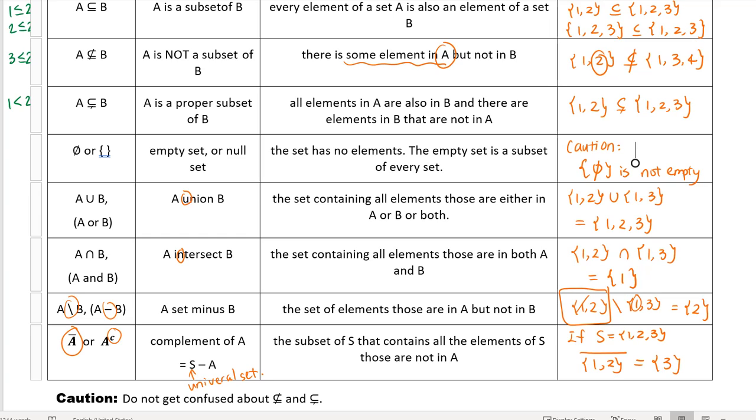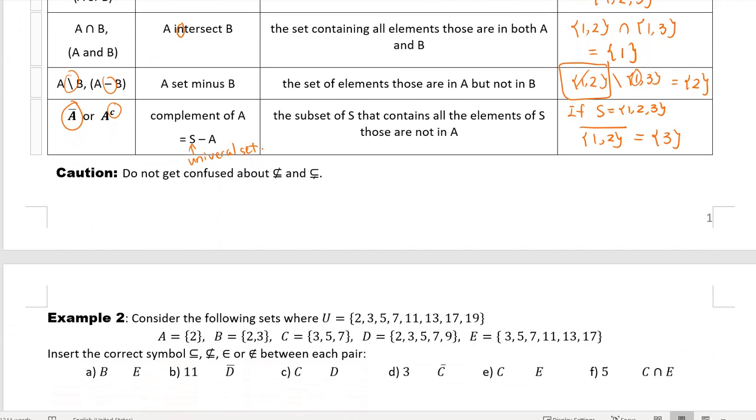All right, let's continue. Caution! Do not get confused: this one is not a subset, and this one is a subset and is a proper subset.